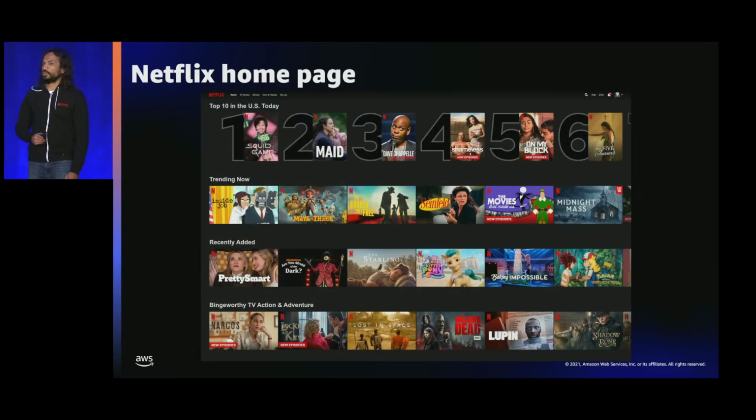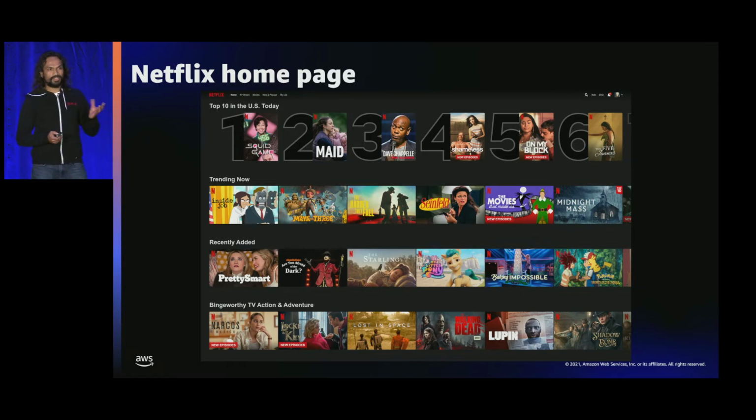So how is EVCache used? Let's say that you open the Netflix app, select your profile, and go to your home page. Your home page is not only unique to you, but it's ever-changing based on your viewing history and your other activities, as well as the new content that is continuously coming to Netflix.